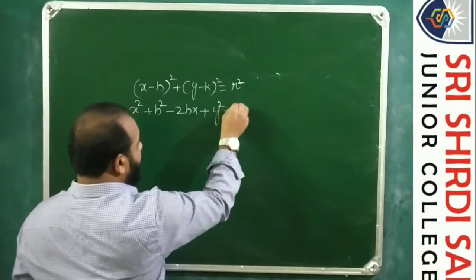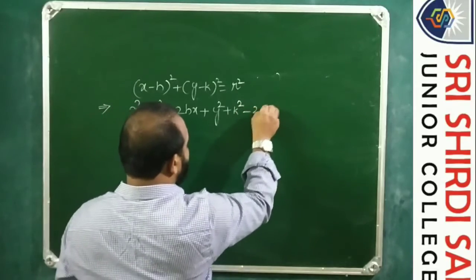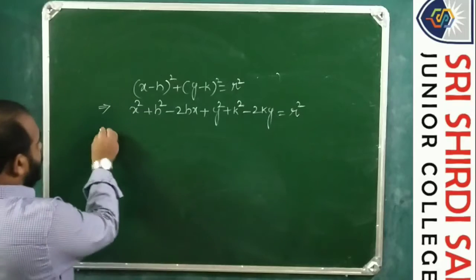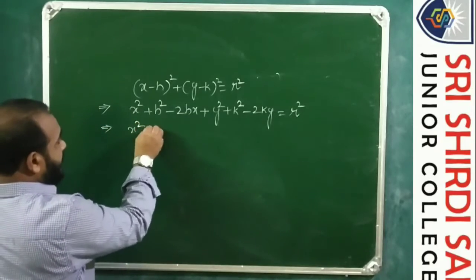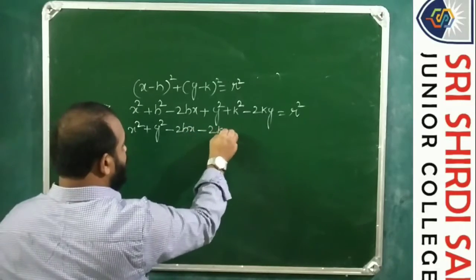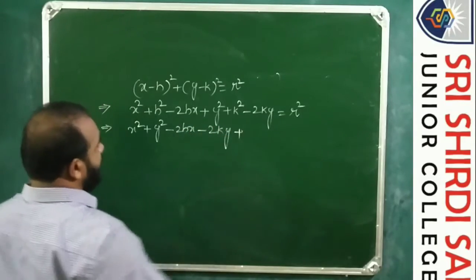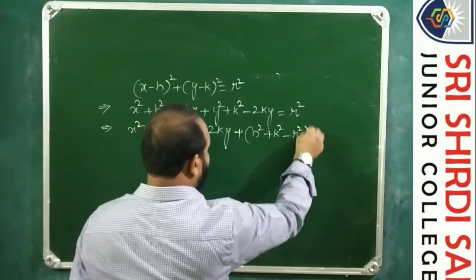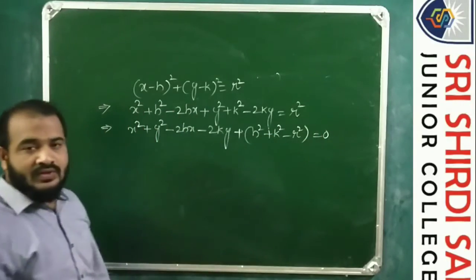So x square plus h square minus 2hx, y square plus k square minus 2ky is equal to r square. So this is x square plus y square minus 2hx minus 2ky plus h square plus k square minus r square is equal to 0.